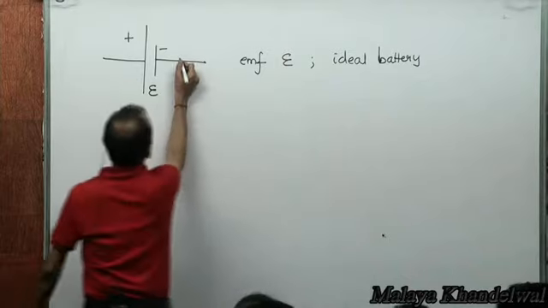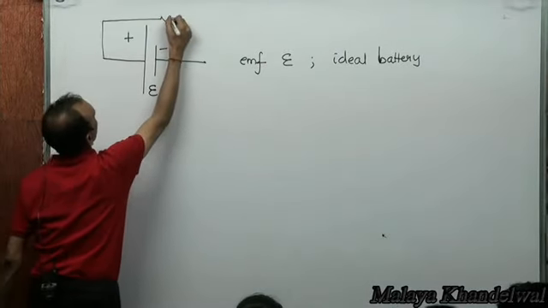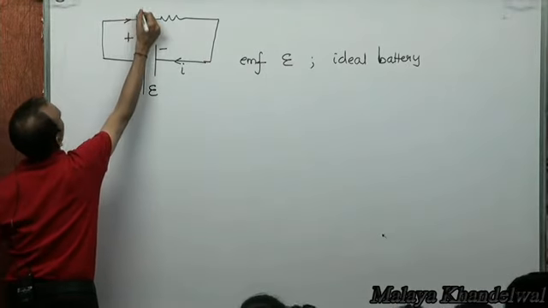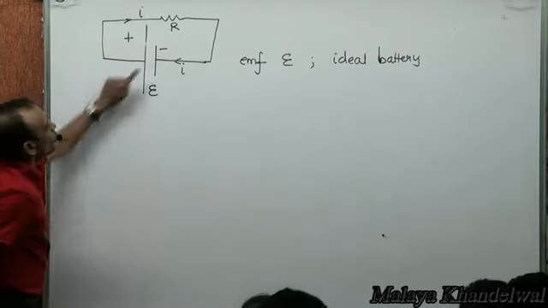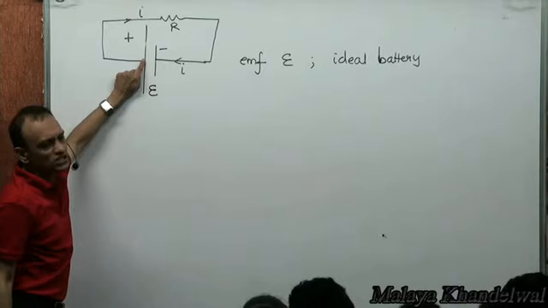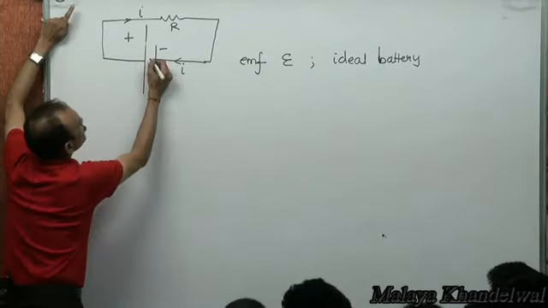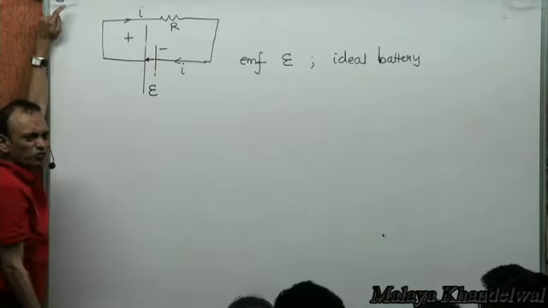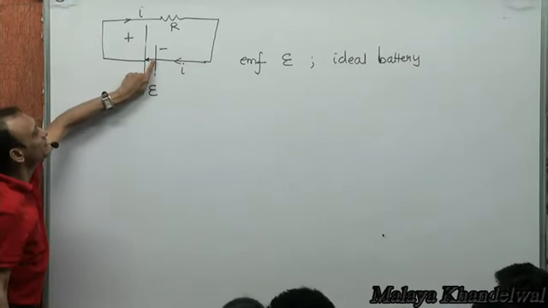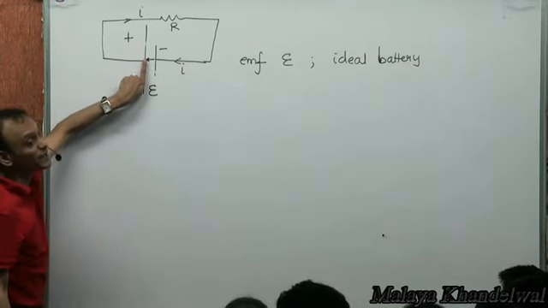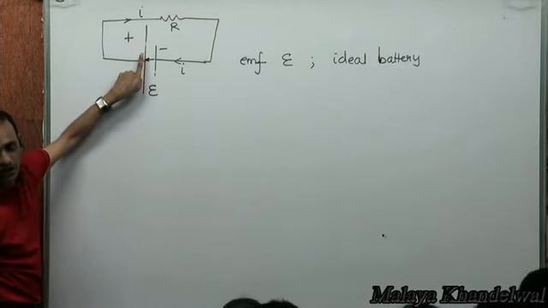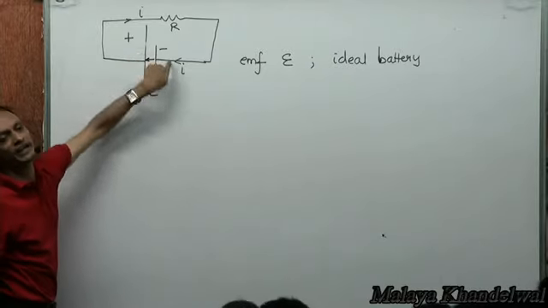Because when the current was circulating through the loop, on its arrival at the negative terminal, it was made to pass to the positive terminal. It had to flow through this. Right? We are assuming that this current in its passage from negative to positive terminal did not encounter any resistance. That's an ideal battery. It did not encounter any resistance.